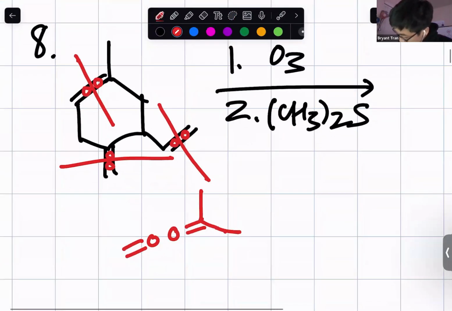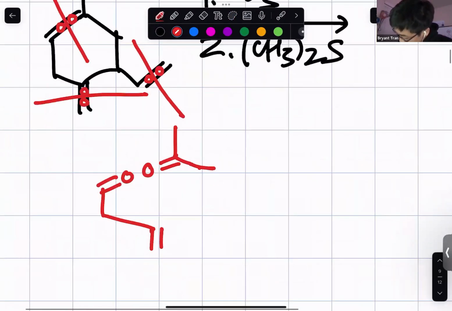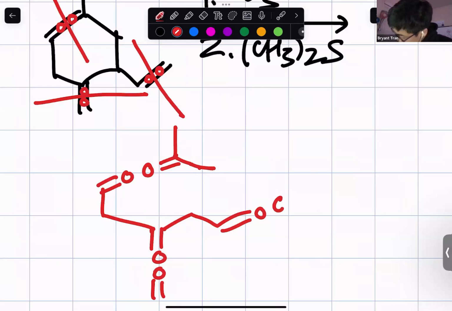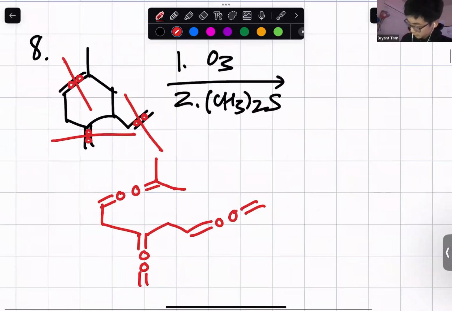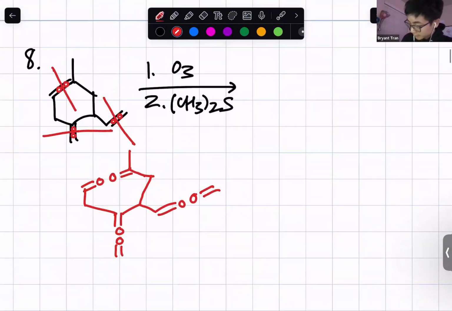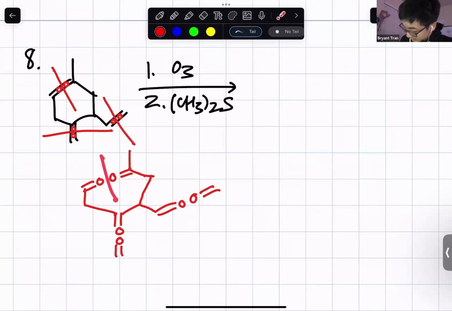Go boom, boom, boom, boom. Like that. So we see that that's this cut right here between this alkene. This is this cut right here for this alkene, and that's that cut right there for this alkene.